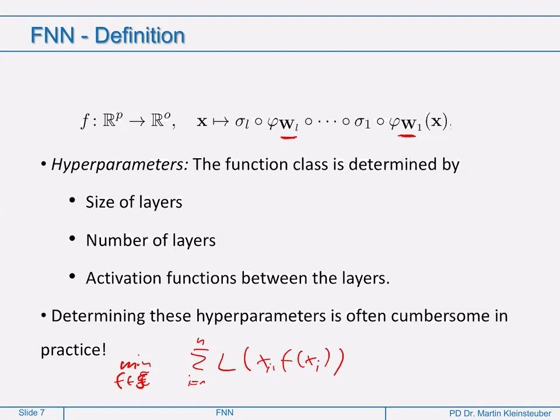And if we want to compute the gradient of that function L, and having this particular form of this f, we can use the chain rule. This chain rule is also known as backpropagation in that setting. And we see how the weights can be updated iteratively in order to learn that function that minimizes this expected loss.